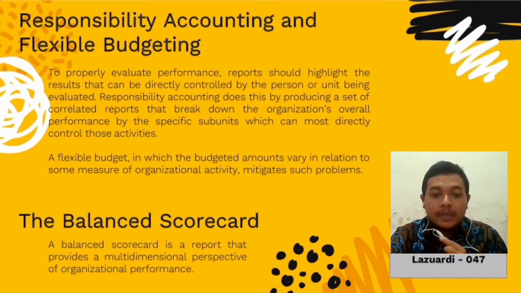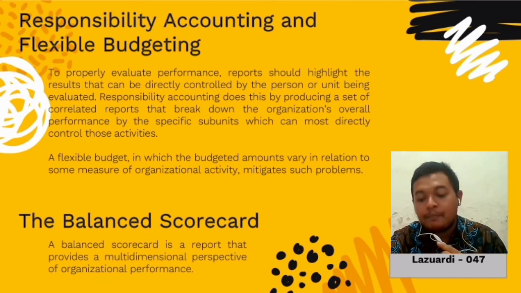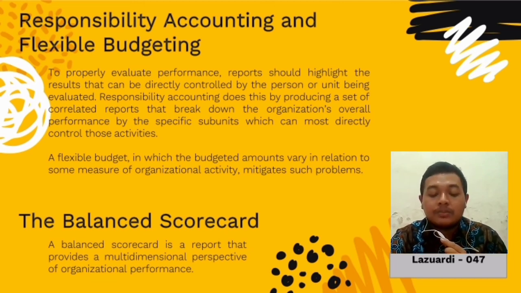A flexible budget, in which the budgeted amounts vary in relation to some measure of organizational activity, mitigates such problems. In terms of our previous examples, flexible budgeting would entail dividing the budget for each line item in the general superintendent's department into its fixed and variable cost components.